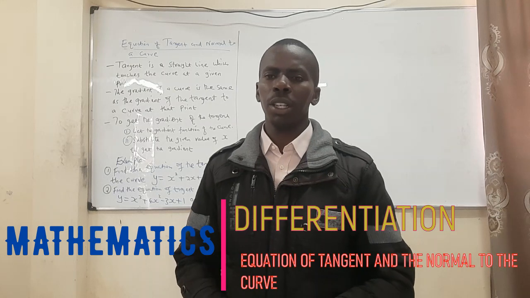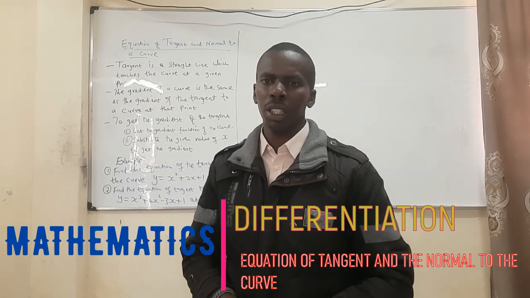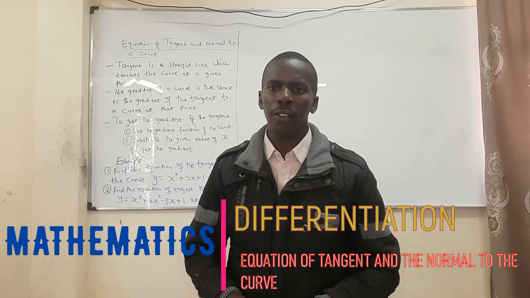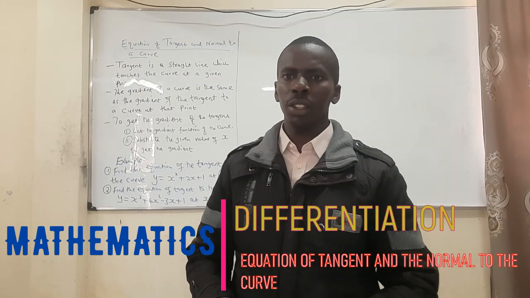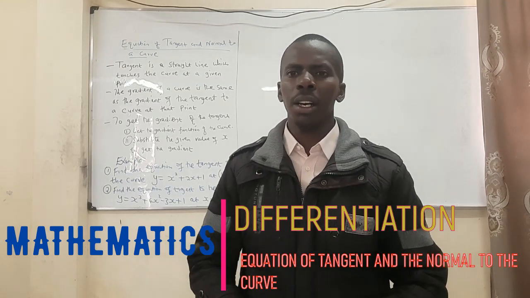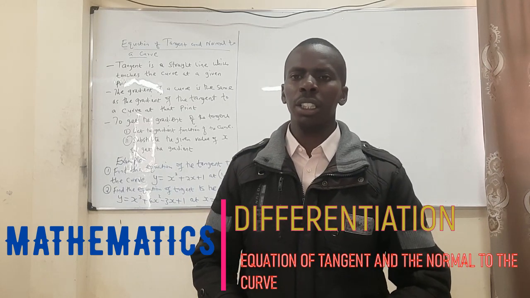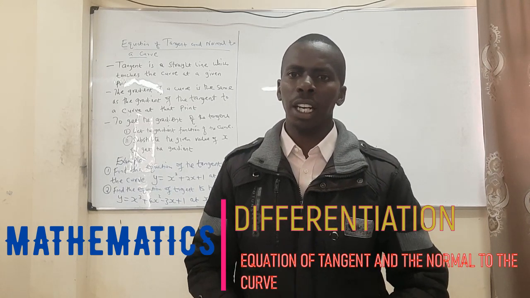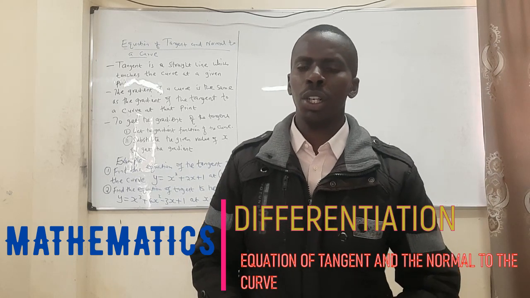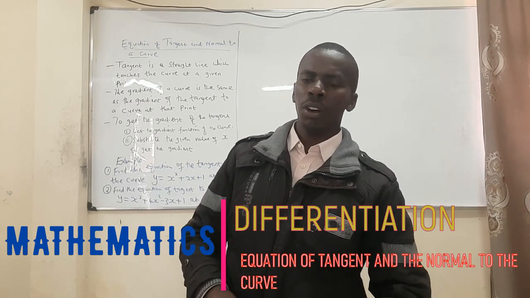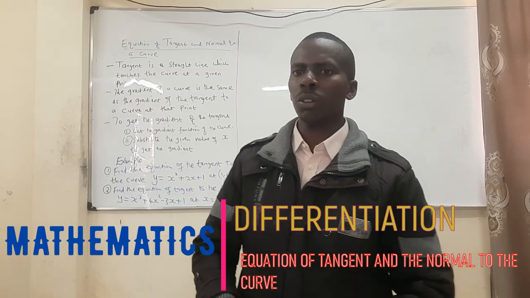And for us to be able to get the equation of the tangent, we need to have the gradient of that tangent. And the gradient of a tangent is the same as the gradient of a curve at that given point. So how do you get the gradient of a tangent or the gradient of a curve?